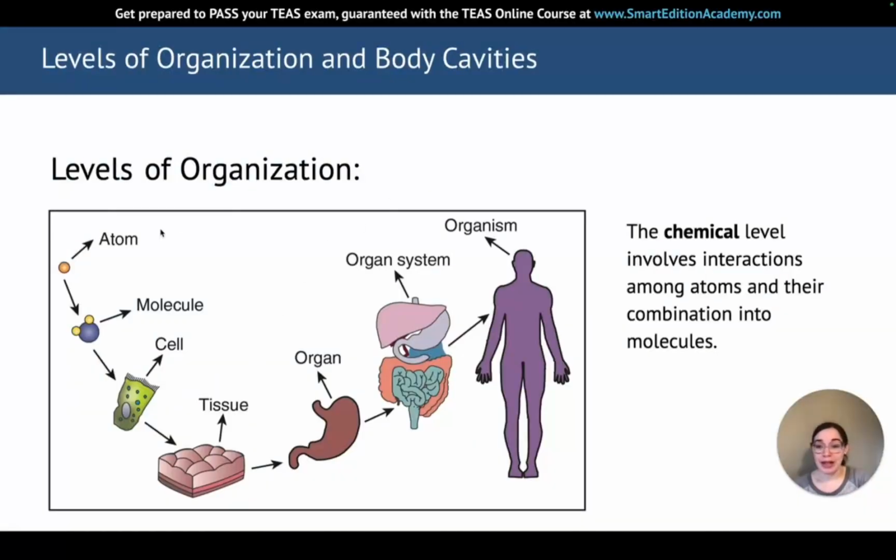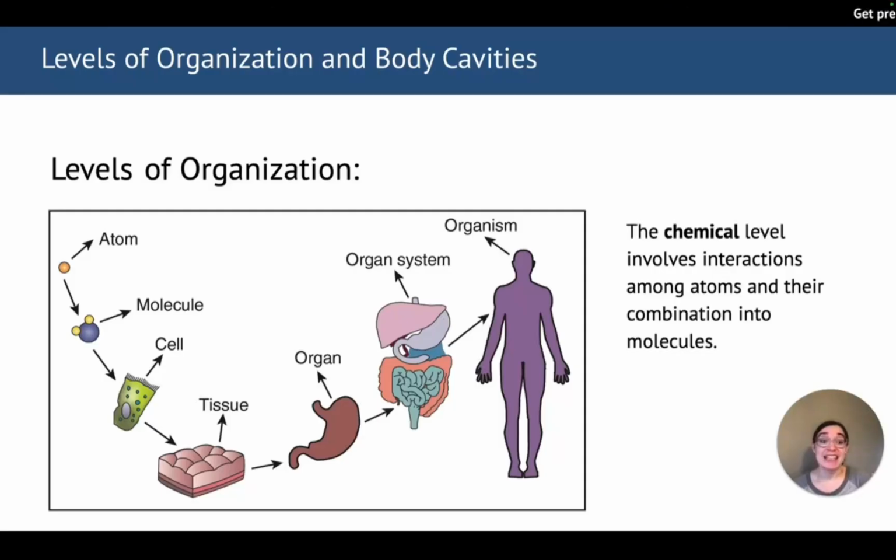So the chemical level is the smallest level of structural organization, and it involves the interaction among atoms. These are the smallest unit of matter that still have all the characteristics of an element. So think of them as the basic building blocks of matter. Now, atoms can be broken up further into protons, electrons, neutrons, but those individual substances don't have all the properties of an element as atoms do.